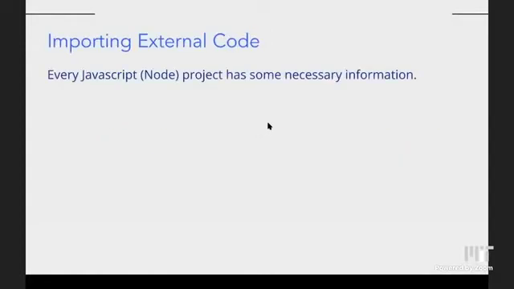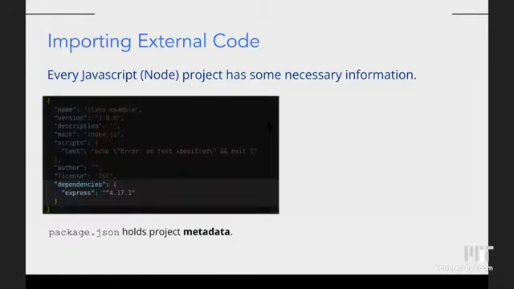So the next thing I want to talk about is these packages you're going to be using in your project. You have seen when you're defining your components that you would do at the top import React from React. You didn't actually get to write the React code, but you're simply importing an external library. And the way that your code knows how to do that is through this file that you might have seen called package.json.